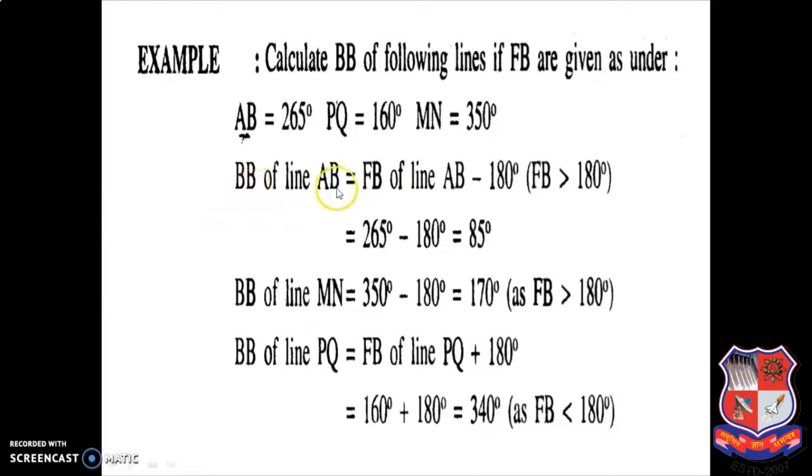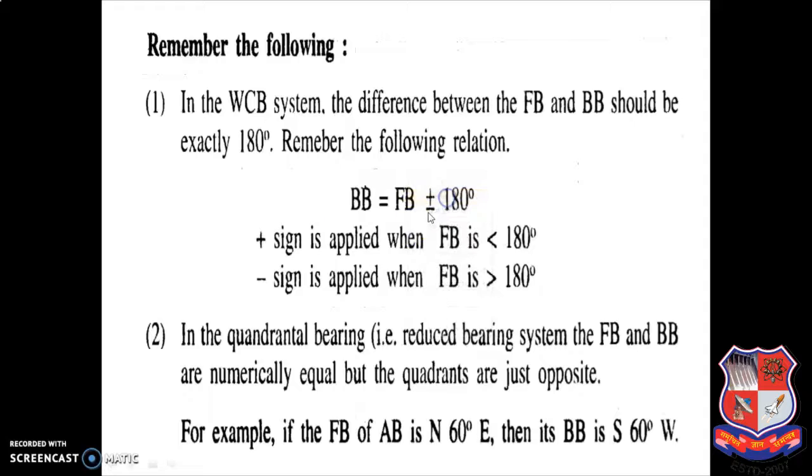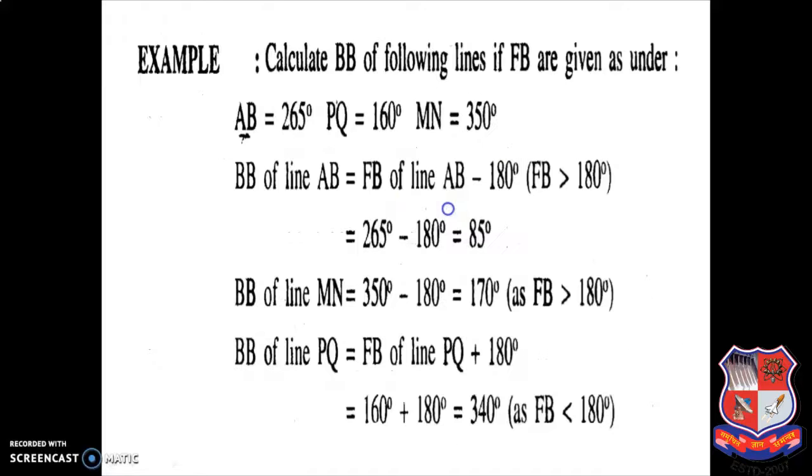So how will you calculate? Back bearing of line AB is equal to fore bearing of line AB minus 180 degrees. You have to use this formula: back bearing is equal to fore bearing plus or minus 180 degrees. Here the fore bearing value 265 is greater than 180 degrees, so you have to use the minus sign. 265 minus 180 is equal to 85.